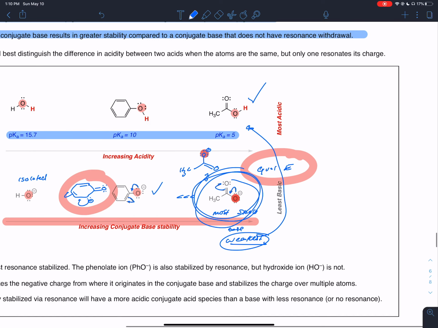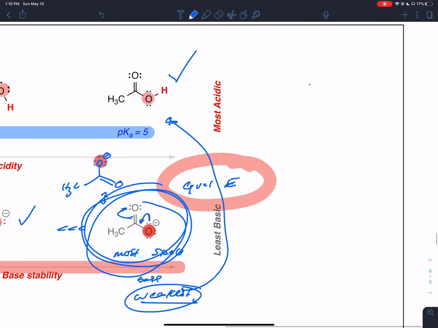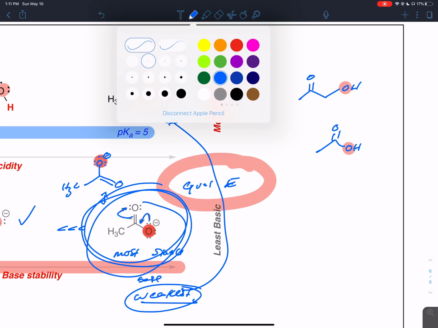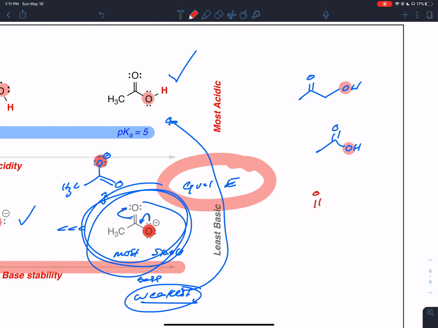And what I want to do real quick is just show you how subtle this can be visually. If you looked at this acid versus this acid, we have the proton bonded to the same acidic atom. But when you look at the conjugate bases, I'm going to draw those in red down here. The conjugate base of the first species would have O-. Conjugate base of the second species is this guy. In this structure, there is no resonance.